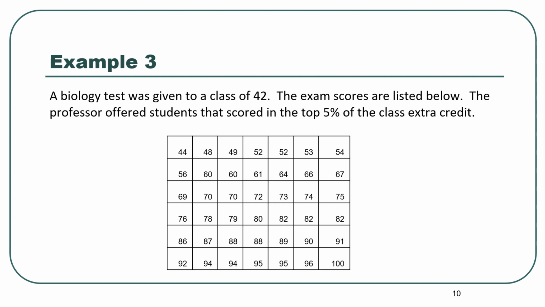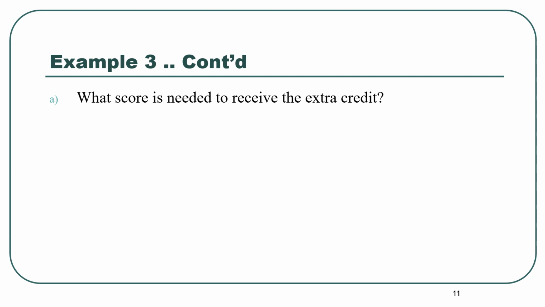So let me see, those are my numbers, my 42 values of my biology test. So what is the score that is needed to receive the extra credit, for those who are going to be in the top 5%? Well, to be in the top 5%, underneath that score should be 95% of the scores.